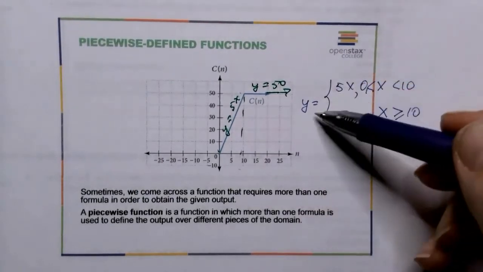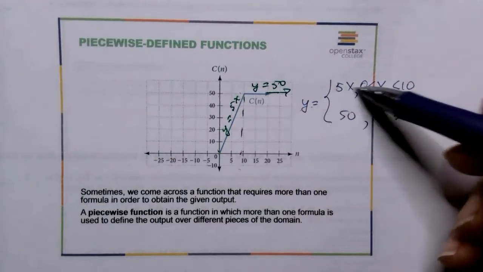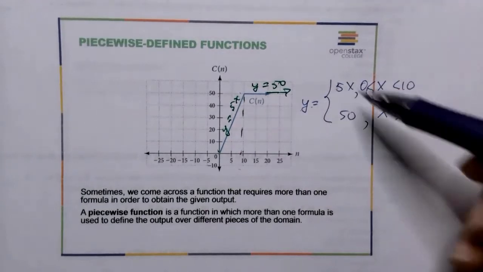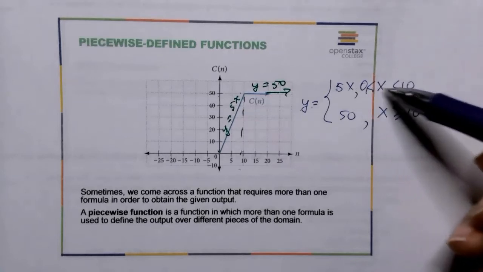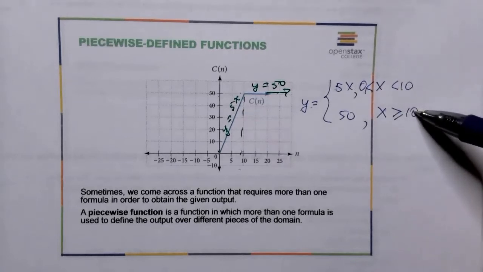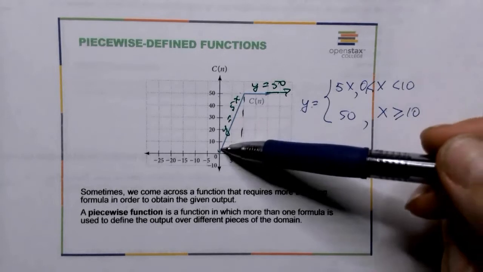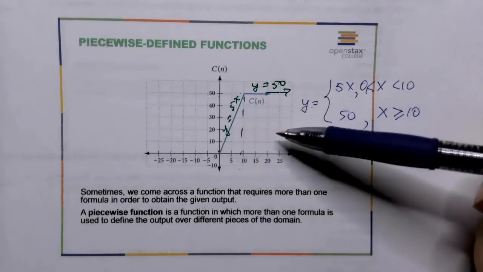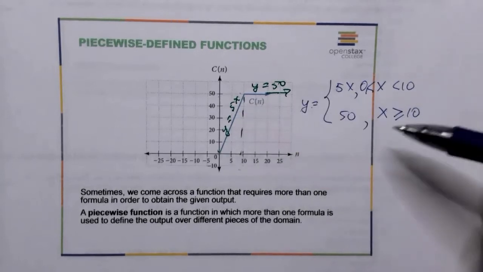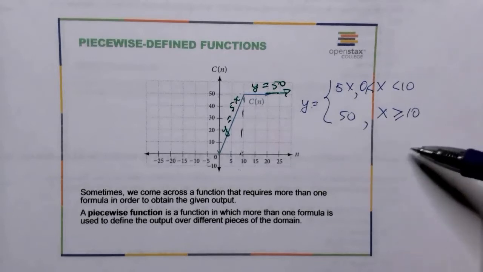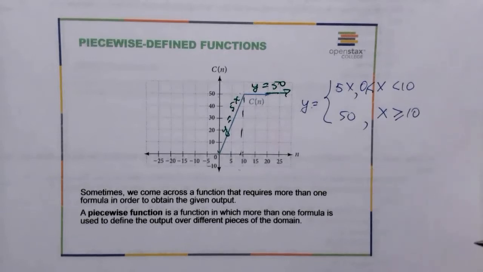Then we write two separate equations, two separate descriptions for different domains. This is what the definition of a piecewise defined function looks like. If there are more than two pieces, sometimes 3 or 4 more, you would just continue describing those graphs and the domains on which they work.